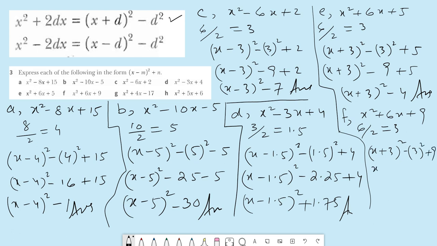So x plus 3 whole square minus 3 square is 9 and plus 9. So x plus 3 whole square, 9 cancel by minus 9. The answer is 0. So our final answer is x plus 3 whole square plus 0, or you can just write x plus 3 whole square.